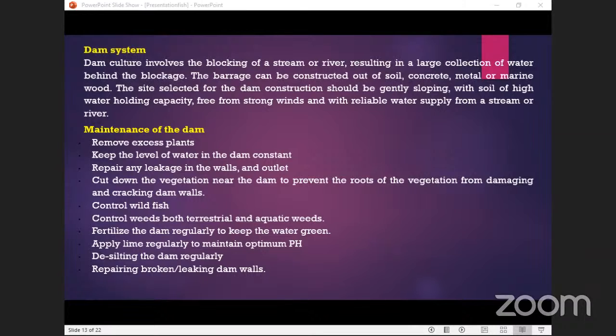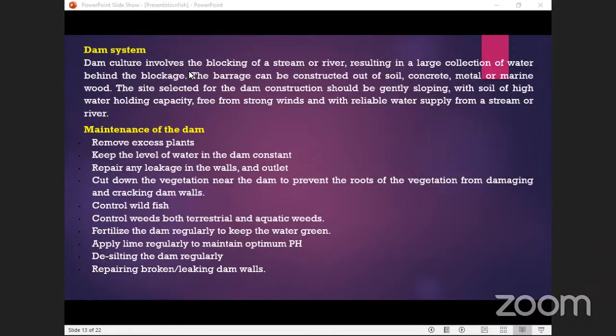The barrage can be constructed out of soil, concrete, metal, or marine wood. The site selected for the dam construction should be gently sloping, with soil of high water holding capacity, free from strong winds, and with reliable water supply from a stream or river.